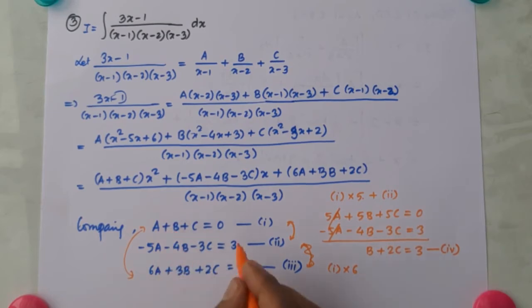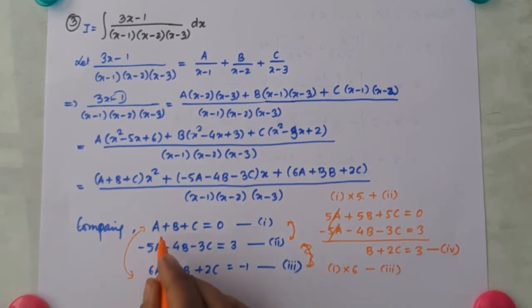So multiply with 6 and then subtract 3. So multiplying 1 with 6, you get 6a + 6b + 6c = 0. And you have got minus 3, so all the signs will get reversed.